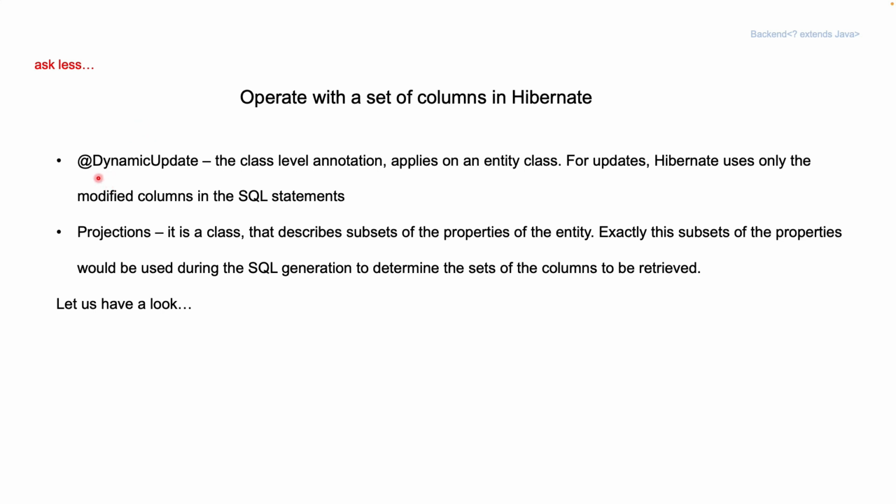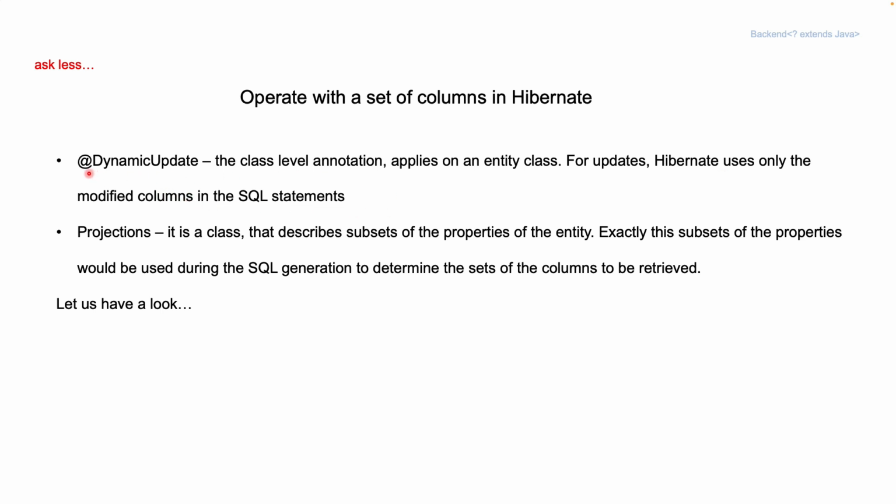The first approach is for when we would like to update some data, and we can use the annotation DynamicUpdate. It's a class-level annotation, applied on a whole entity class, and for updates, Hibernate uses only the modified columns in the SQL statements.